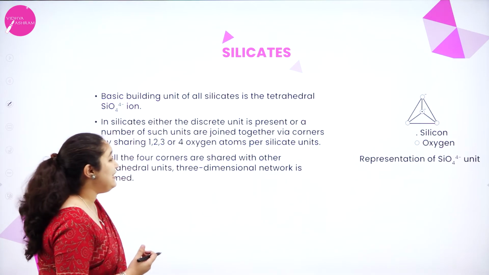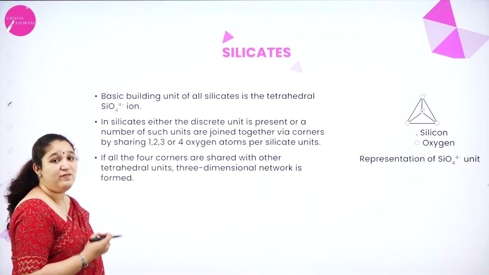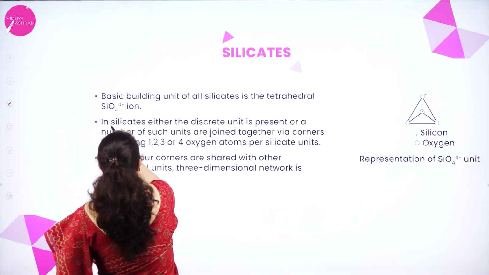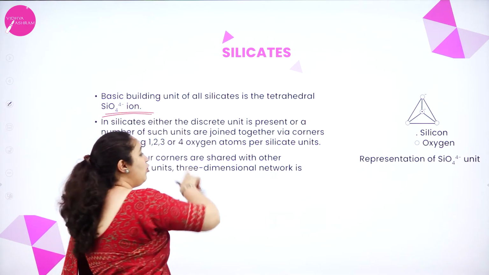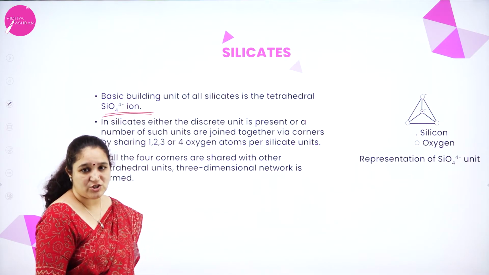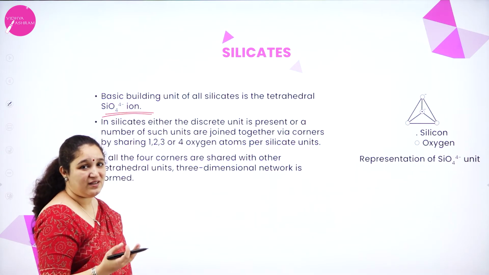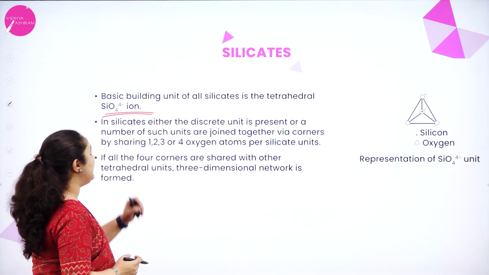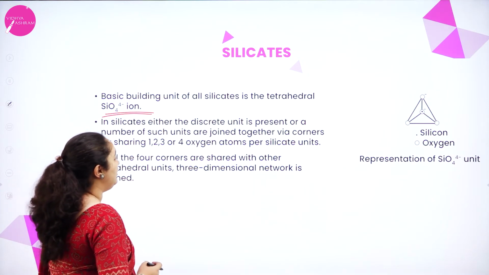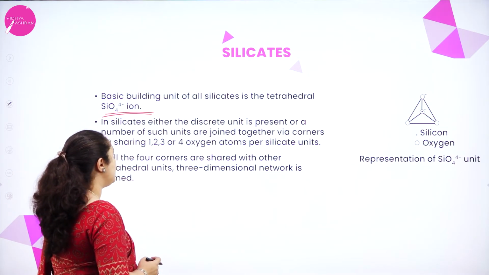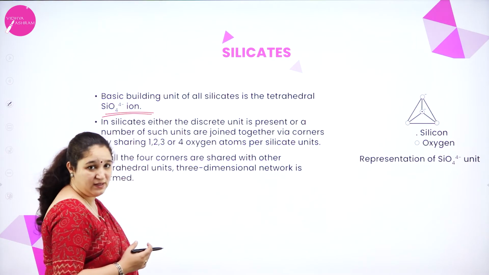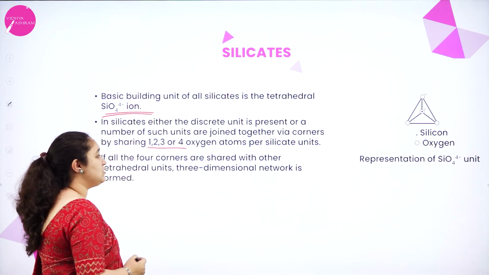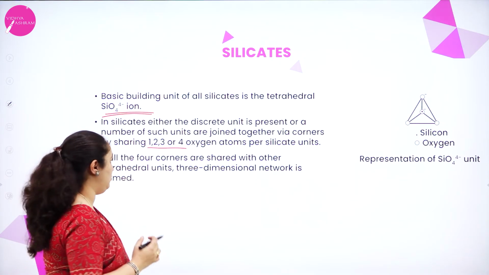Next is silicates. What is the meaning of silicate? The basic building unit of all silicates is SiO4 4-. So silicates contain the SiO4 4- ion. In silicates, there is a discrete unit present, or a number of such units are joined together via corner sharing of 2, 3, or 4 oxygen atoms per silicate unit.